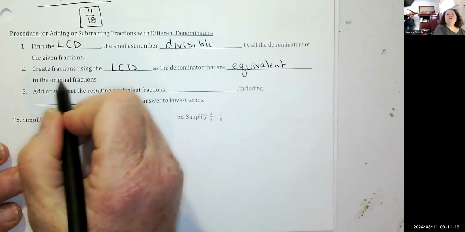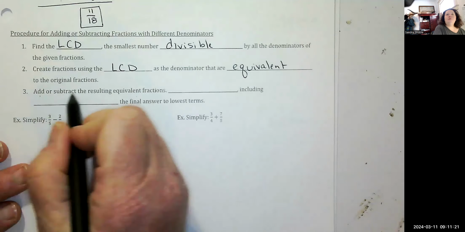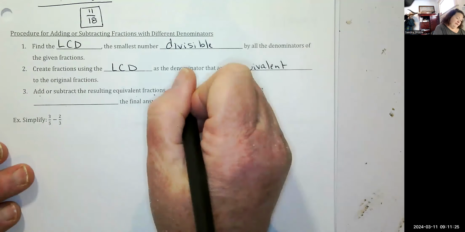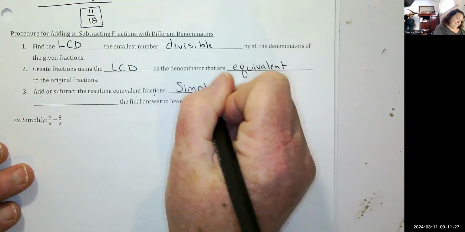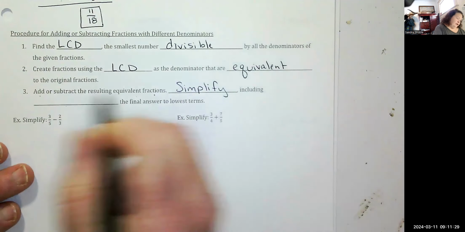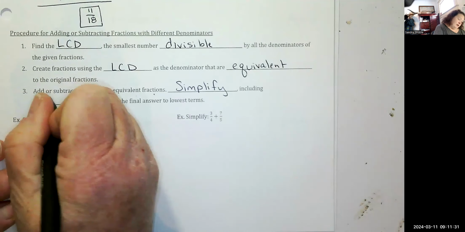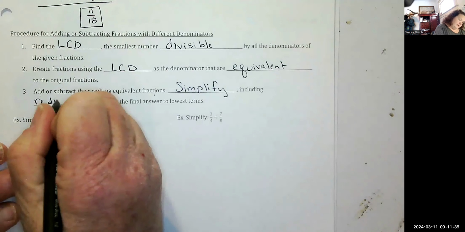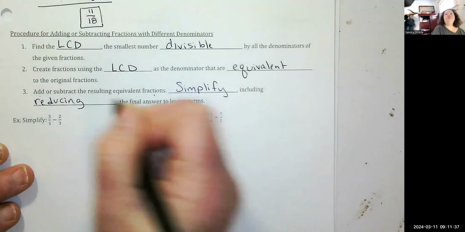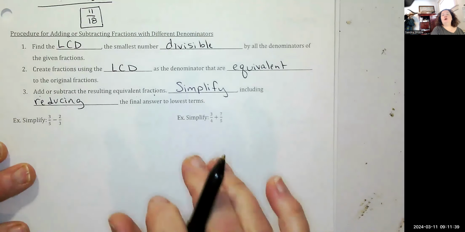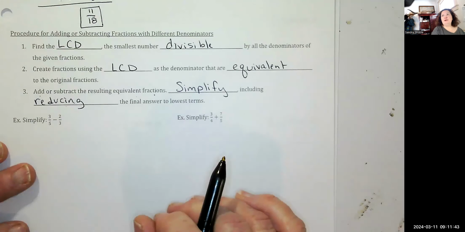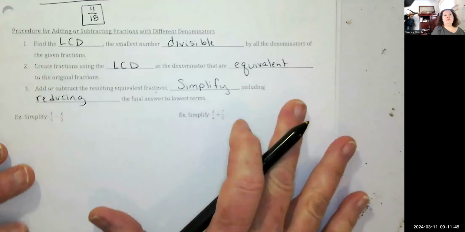They're equivalent to the original fractions. Add or subtract the resulting equivalent fractions, and then simplify, including reducing, which is what we did for that one before. The final answer should be in lowest terms, so it should not be able to be reduced any further than it is.